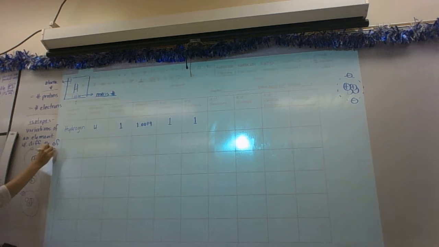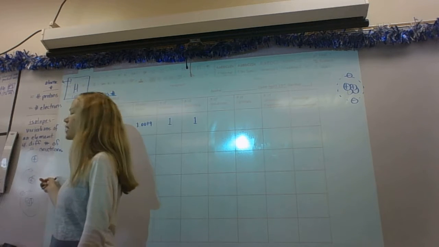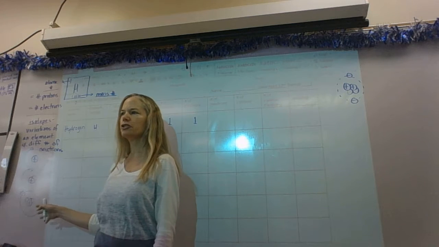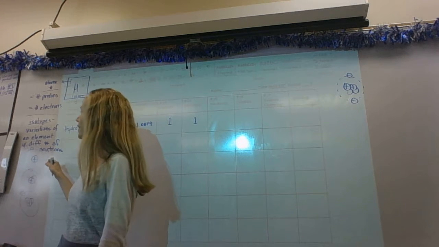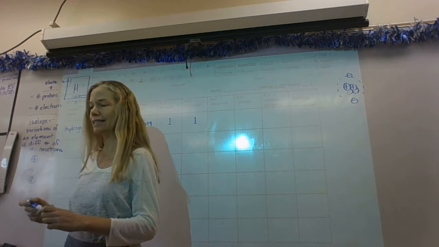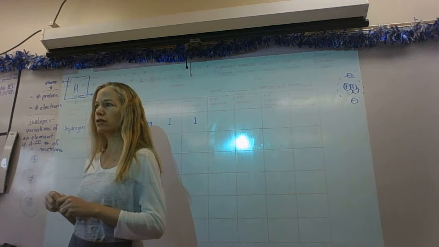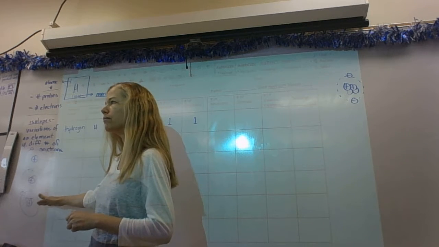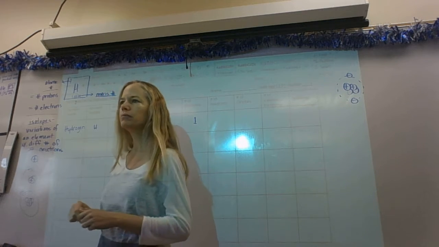I think this isotope's called protium, this one's called deuterium, and this one I believe is called tritium. 3 different isotopes of hydrogen. So the cool thing about this is they don't all exist in the same amount in the universe. Can you guess which is the most common one based on this mass number?